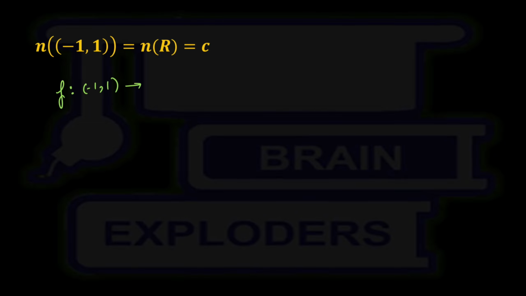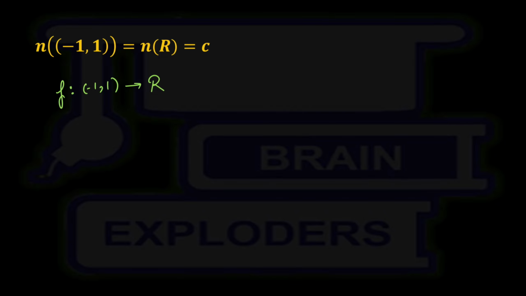So let us first see why the cardinality of (-1, 1) is the same as the cardinality of the set of real numbers. The cardinality of two sets is the same if we can define a one-one onto function between them. So if we can define a one-one onto function from (-1, 1) to R, then the cardinality of both of these will be equal.